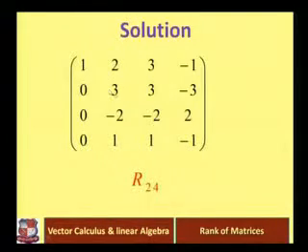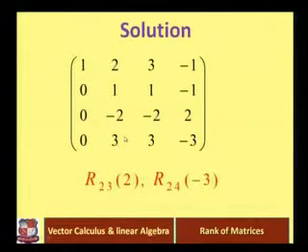Again we observe that here the element is 3, but we need the element 1 because we are converting this matrix into row echelon form. For that we take the operation R24, meaning interchange the second and fourth rows, and after that operation the resultant matrix is 1 2 3 minus 1, 0 1 1 minus 1, 0 minus 2 minus 2 2, 0 3 3 minus 3.